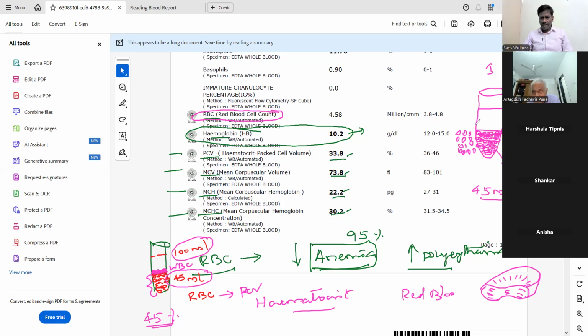So what will happen in the first case, even though the volume is 45 ml? If normal is 5 million, because of the size, the number will be less than 5 million, because the size is bigger.